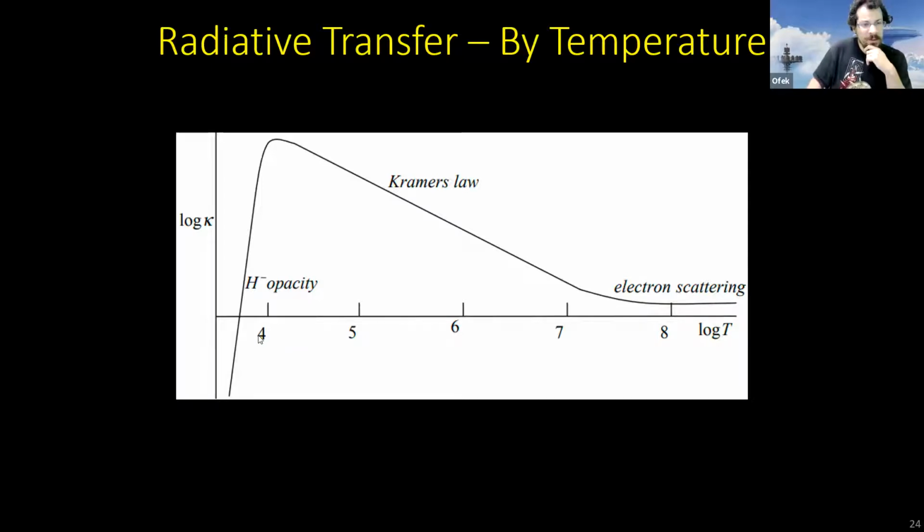And at very, very low temperatures, relevant slightly in the sun and more in M-type stars, colder than the sun in their photosphere, we have H minus opacity, that is opacity coming from lines of ionization of the H minus ion, that's one proton, a hydrogen nucleus, with 2 electrons. So it's a negative ion of hydrogen. And it also has its characteristic lines and opacity traits.